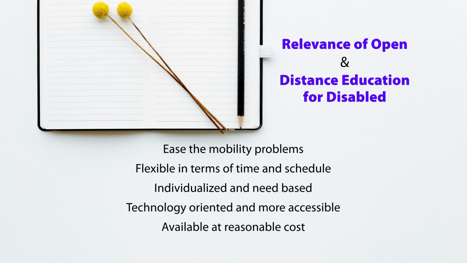Then flexible in terms of time and schedule. Yes, definitely online programs, online courses and open distance education programs can be adopted by one's own choice in terms of time and schedule also.